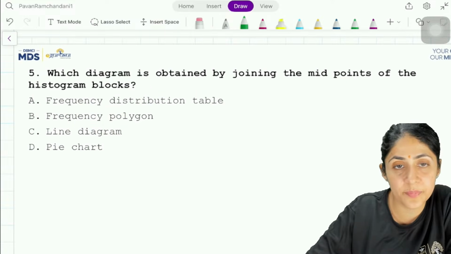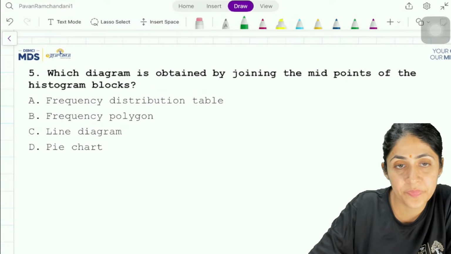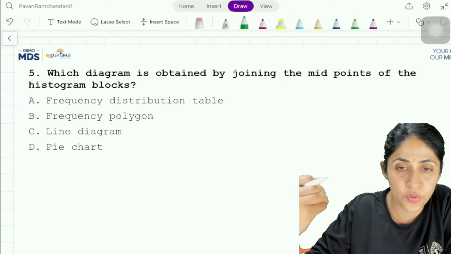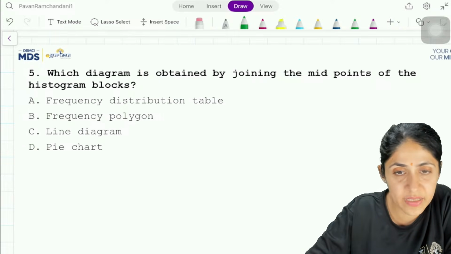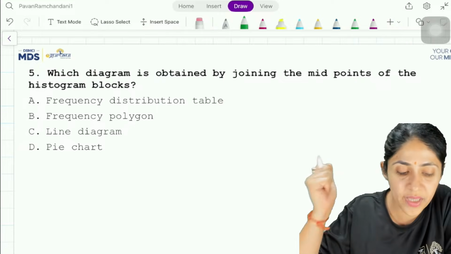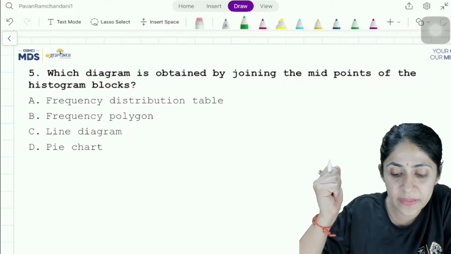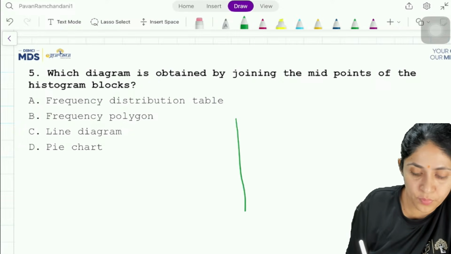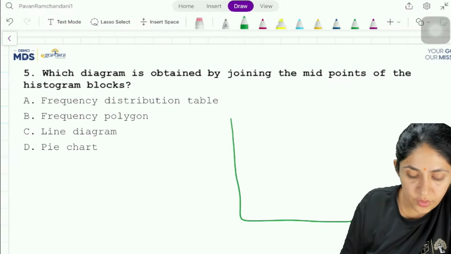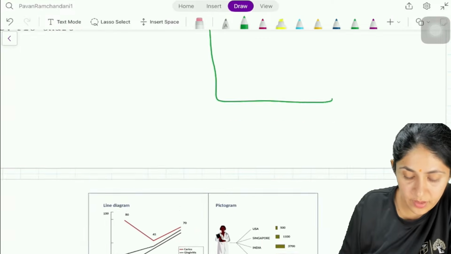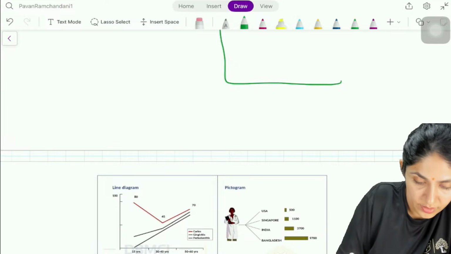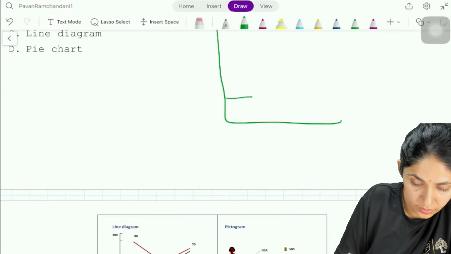The next is which diagram. This is a question from the distribution of data, how we express the data in various forms. Which diagram is obtained by joining the midpoints of the histogram blocks? Suppose these are your histogram blocks.